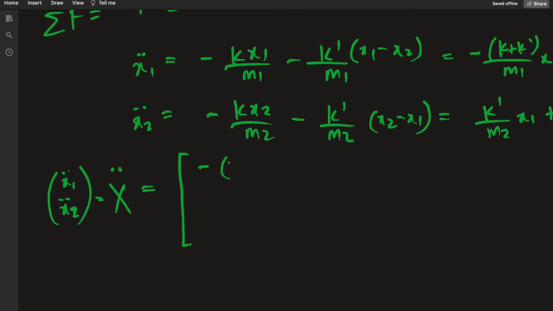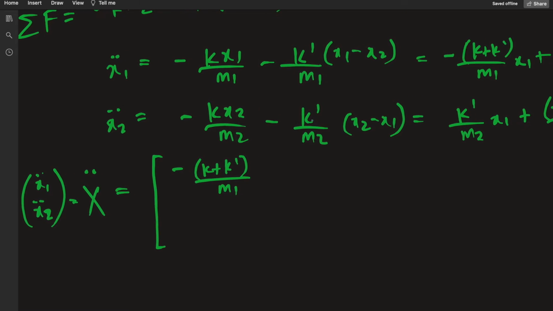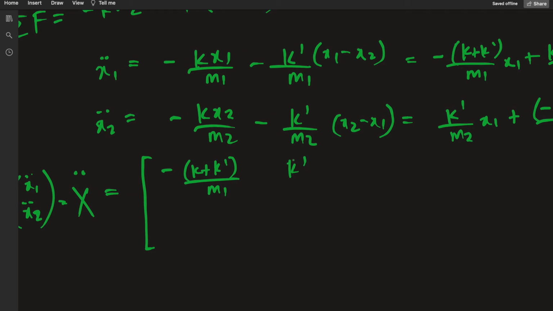So I can write them in a matrix now. Negative k plus k prime over m1, k prime over m1, k prime over m2, negative k plus k prime over m2. I forgot the m1 and the m2 here.